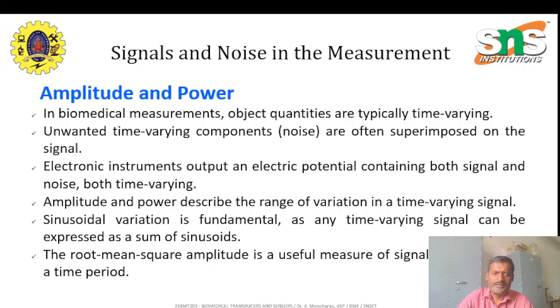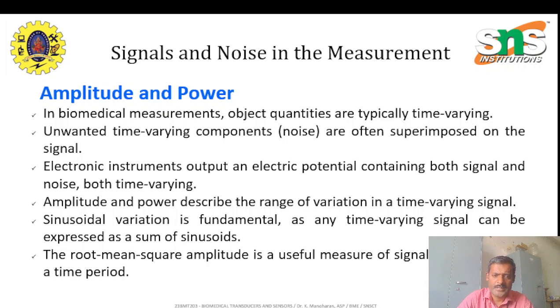Amplitude and power. In biomedical instruments, object quantities are typically time varying, and unwanted time varying components will be called noises, superimposed on the signal. The electronic instrument output is an electric potential containing both signal and noises, both time varying. Whenever you are using an instrument, it normally measures both noises and signals.